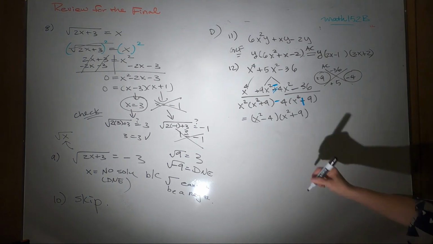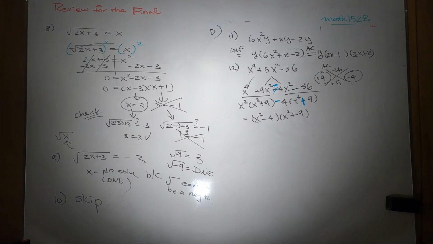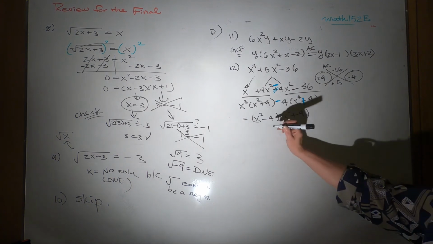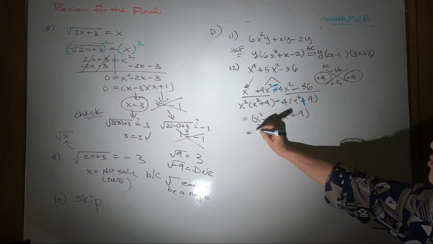Sometimes you stop here. You need to continue. Also check to see if you can break down more, if it's above second degree. You can break down all the way to x, right? So this is a difference of two squares.